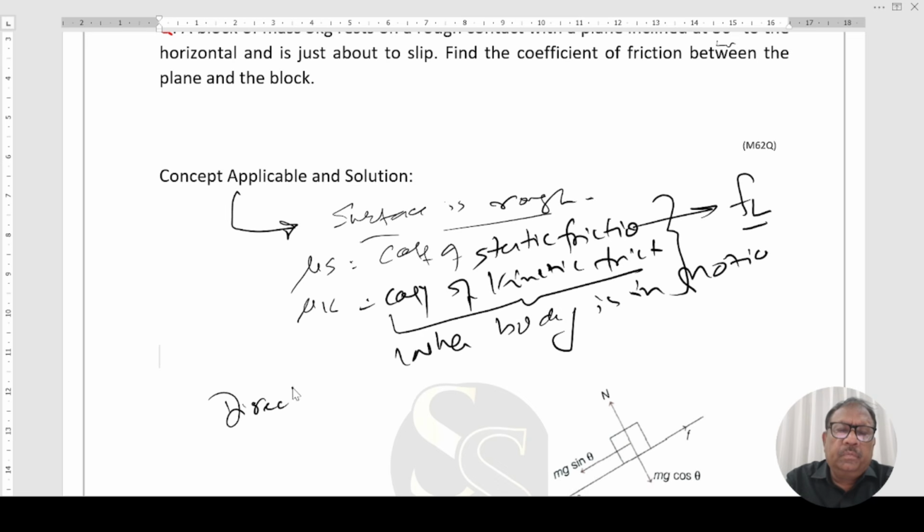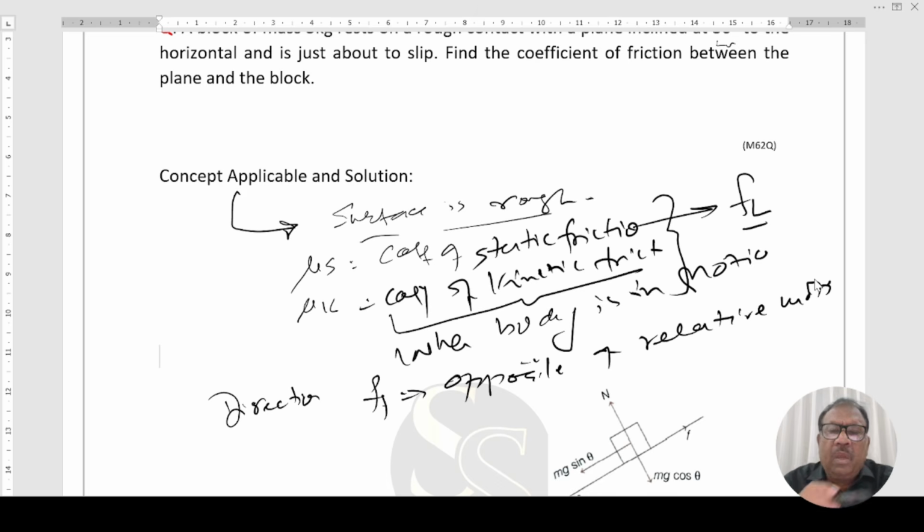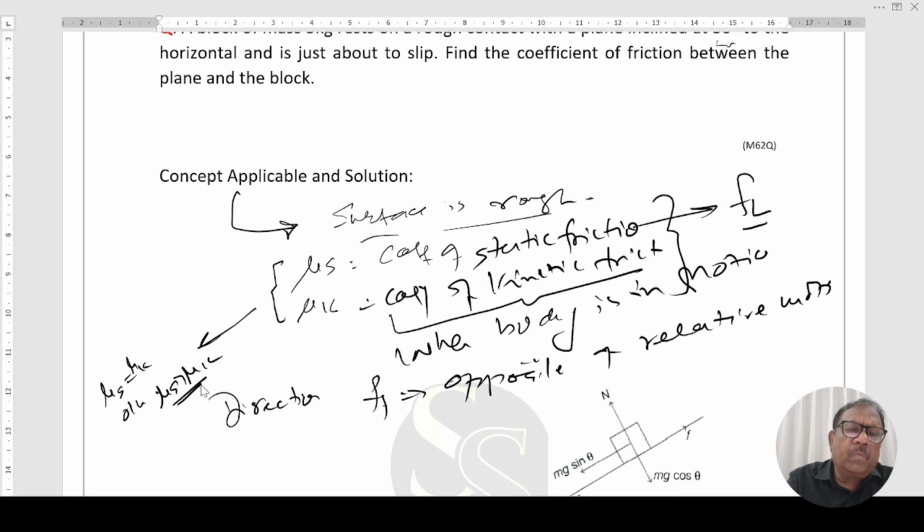Direction of friction force is opposite to relative motion. If no difference is given, then we can take mu s equal to mu k. Otherwise, mu s is greater than mu k. If the question does not mention mu s and mu k, you can take them as the same; if otherwise, it is given that mu s is greater than mu k.